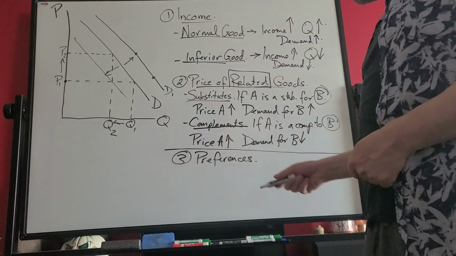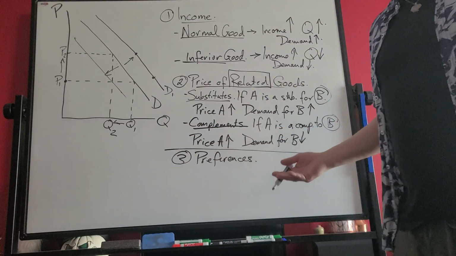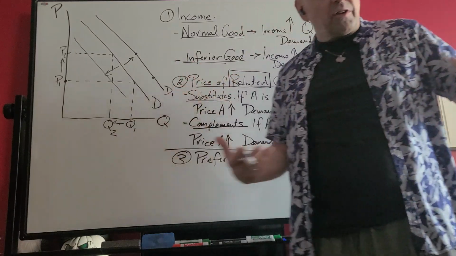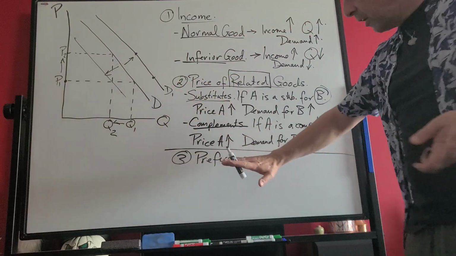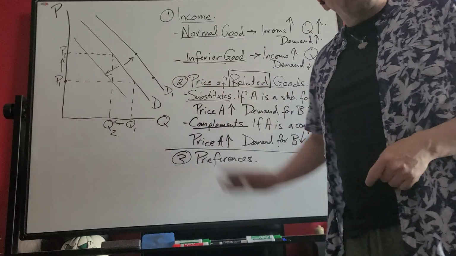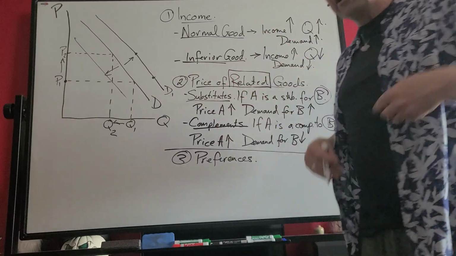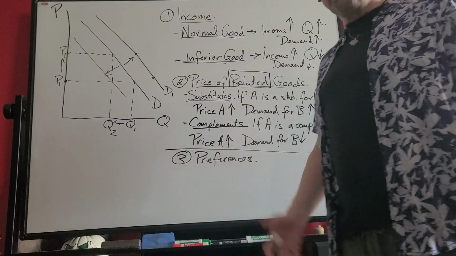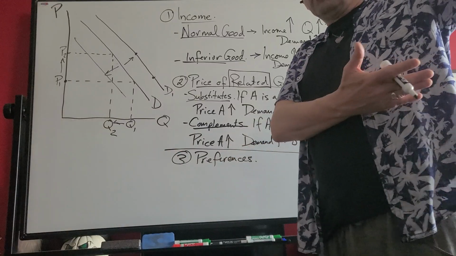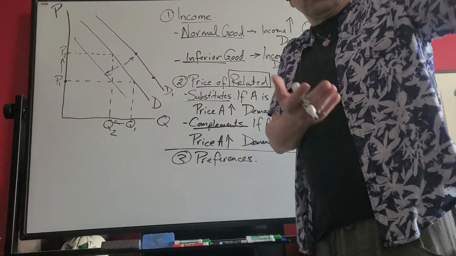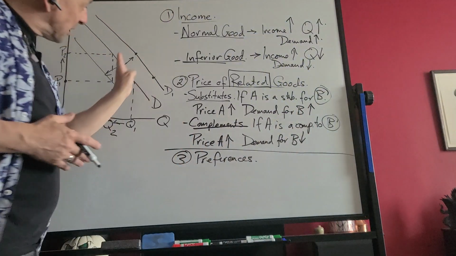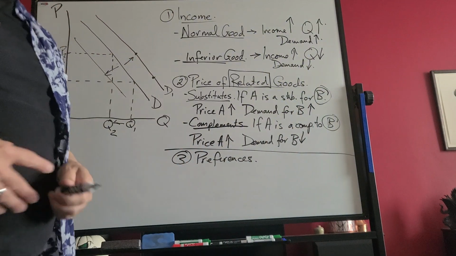So consumer preferences, there's a whole industry called the advertising industry, which is centered around trying to make this demand curve move outward, trying to convince you that such and such a brand of toilet paper is going to make you feel better in some way. So they're trying to affect your preferences and get this demand curve to shift out.